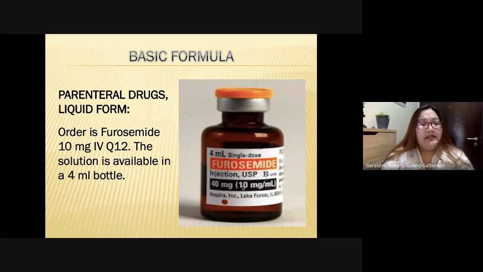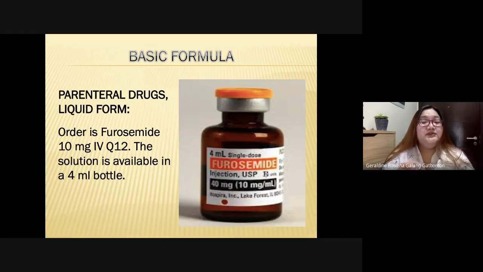Kung meron kayong makikitang ganito, nagka-combine yung weight and the volume, kasi may per, sila yung magka-partner na H and Q. Ito naman, nakaseparate sila, sila yung magka-partner na H and Q. Okay?